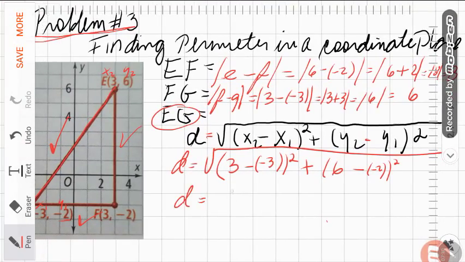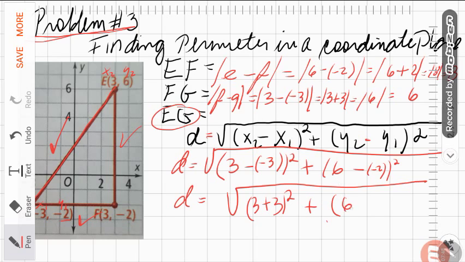Okay, so now we're going to solve. This is going to be 3 plus 3 squared plus 6 plus 2 squared.